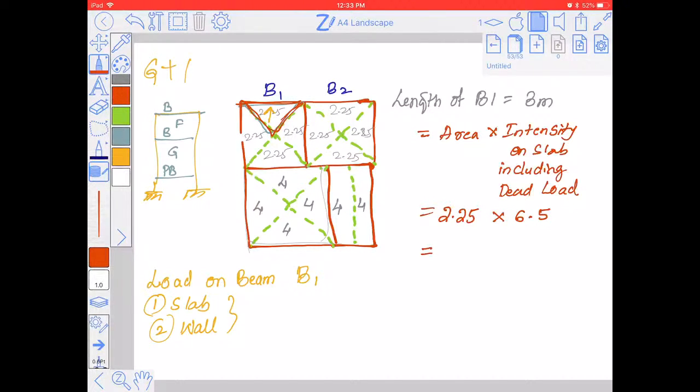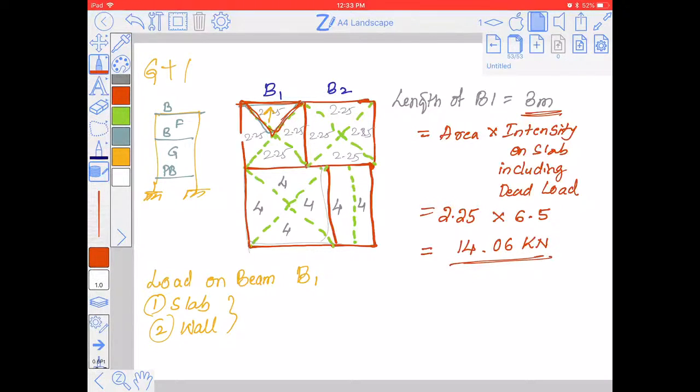So what is the total load on this 3 meter beam? Just check it once. 2.25 into 6.5 is 14.06 kilonewton, the load on the beam.